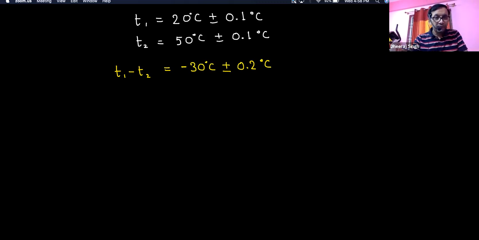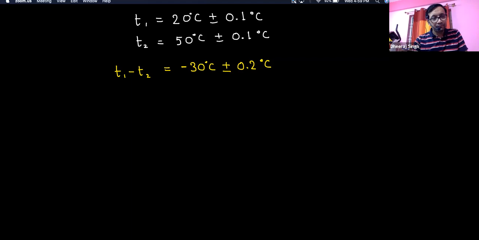So this is with respect to the summation and subtraction of the errors. Now let's see what happens to the error when the two readings are multiplied or divided.